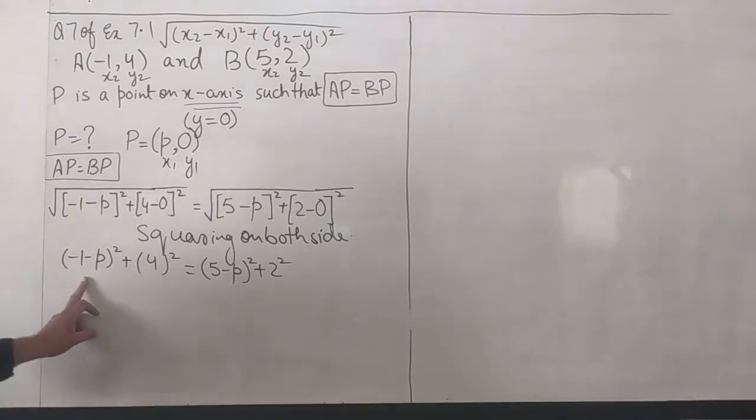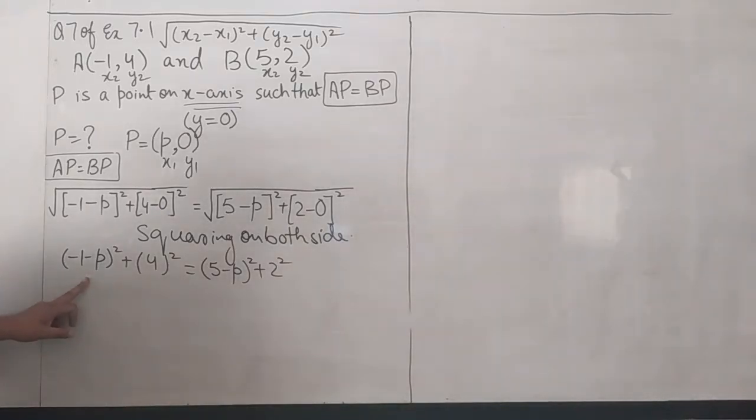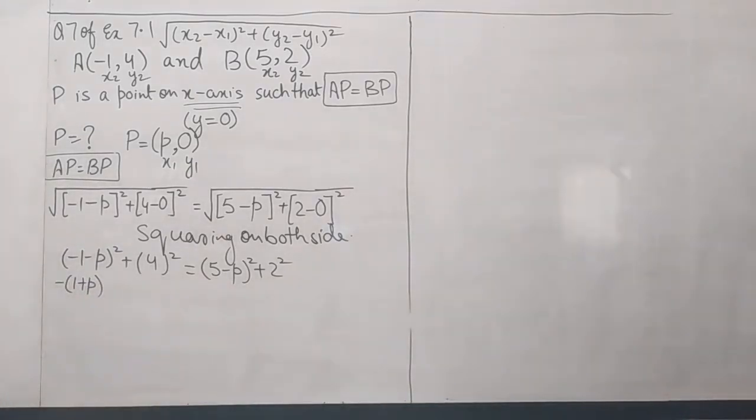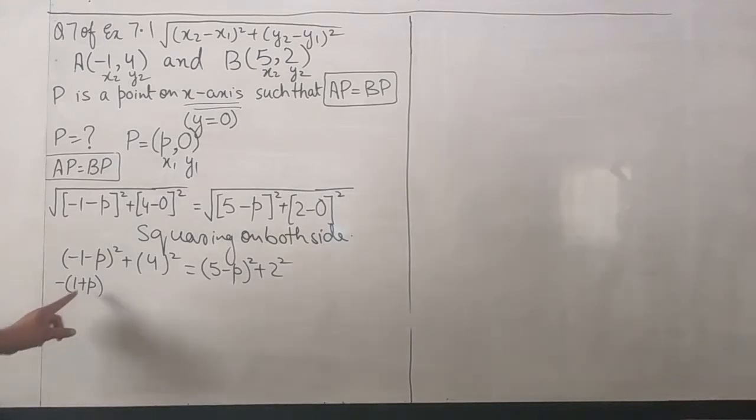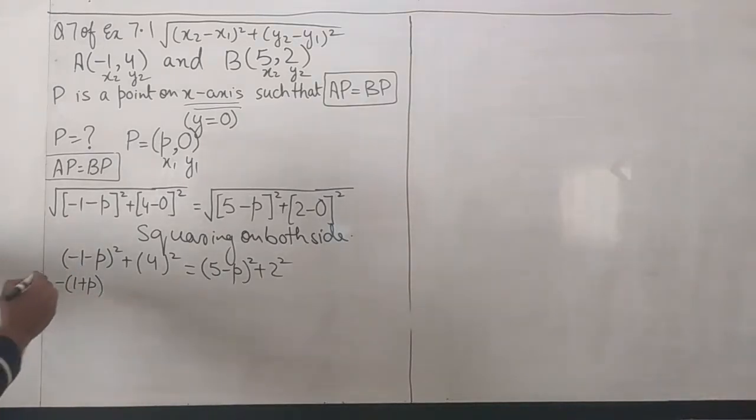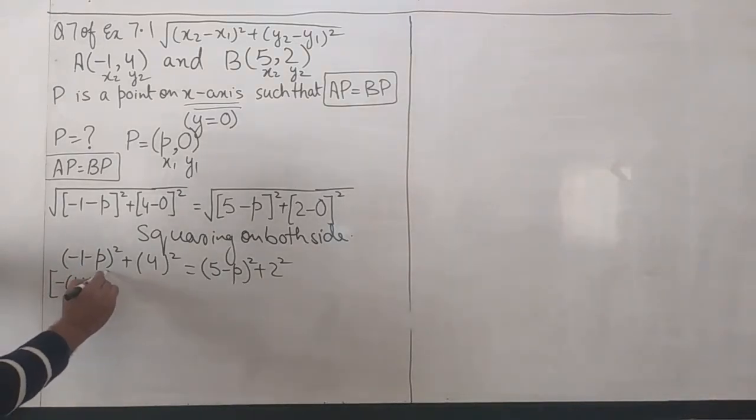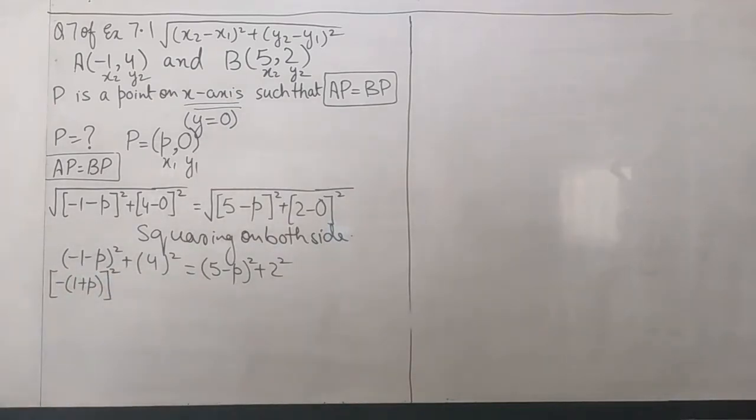Now coming to this one. Before expanding it, I am just going to explain you something over here which is very important. See, both have got minus sign. Can I take minus sign common? Minus, 1 plus p bracket close, and then I have applied square on the whole bracket. I am just trying to explain you a step. I could have done it directly, but I am trying to explain it so you can understand it properly.